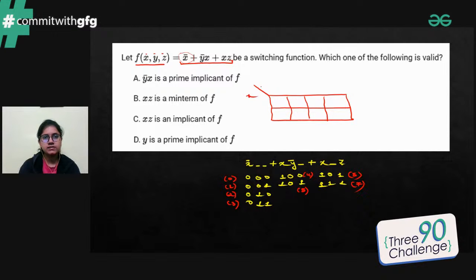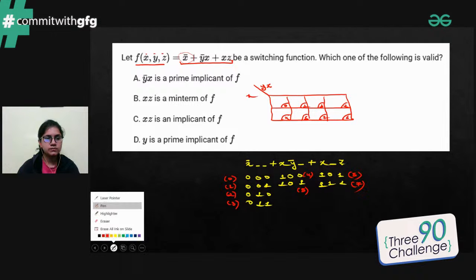So this is x, this is yz. This is cell number 0, cell number 1, cell number 3, cell number 2, cell number 4, cell number 5, cell number 7, cell number 6.